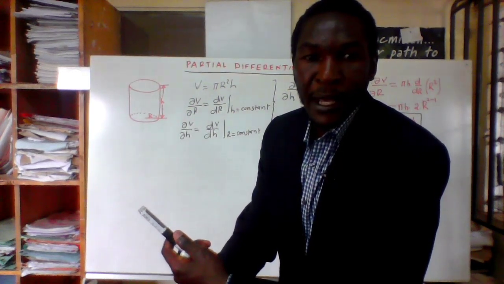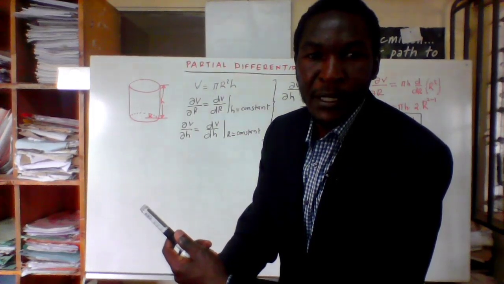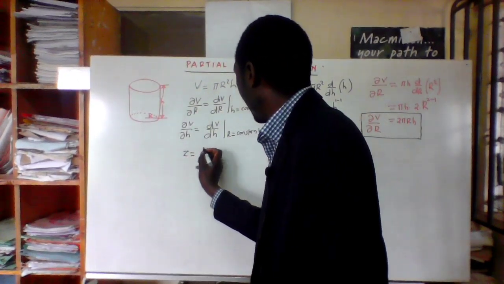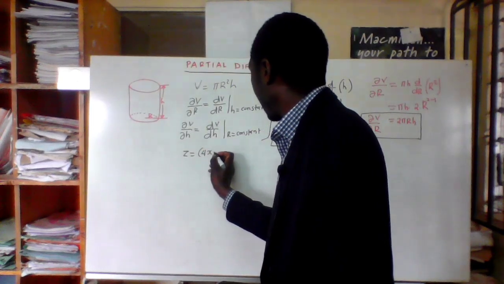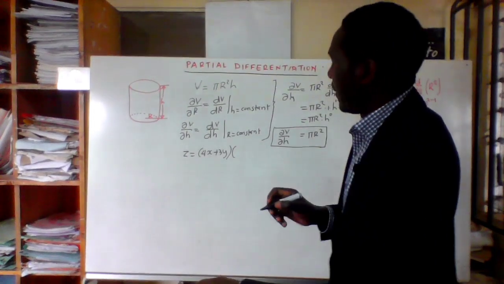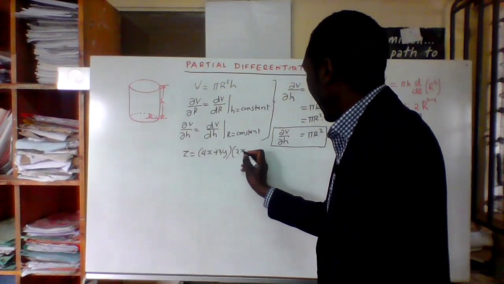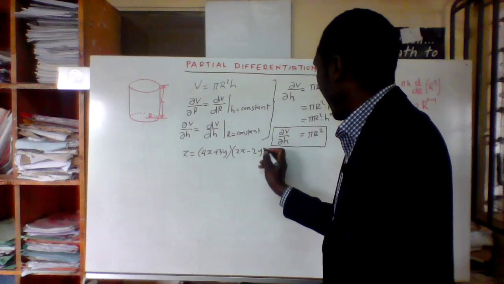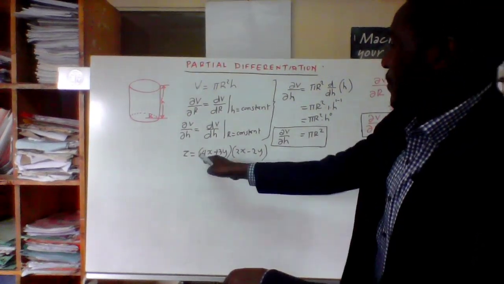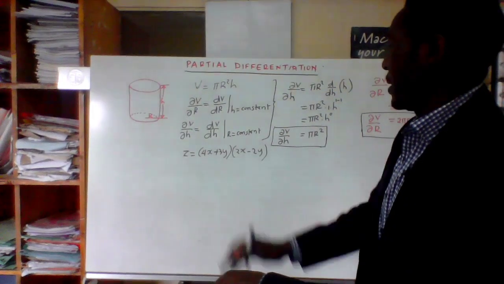Here we have a function z, which is dependent on both x and y, given as follows. z is equal to 4x plus 3y, multiplied by 2x minus 2y. We're supposed to differentiate that partially, first with respect to x, then with respect to y.